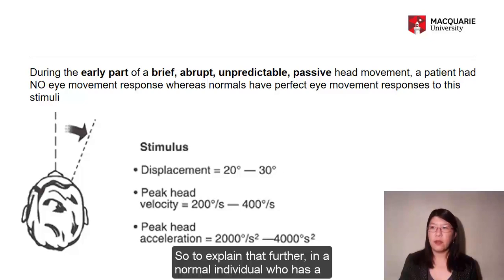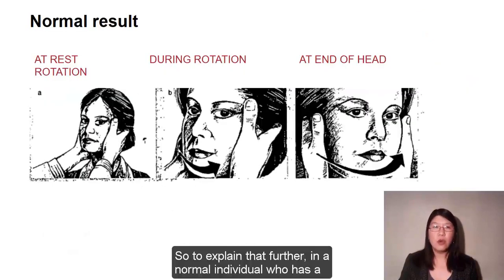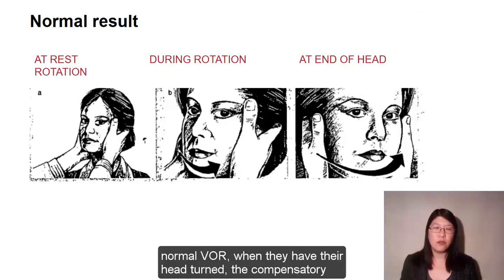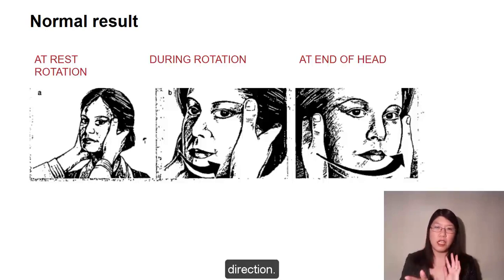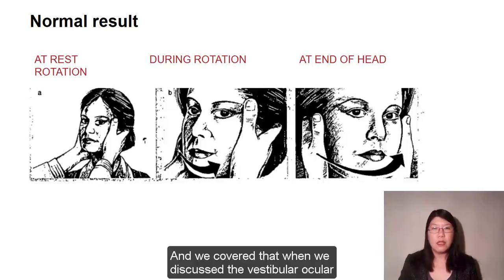To explain that further, in a normal individual who has a normal VOR, when they have their head turned, the compensatory movement would be for their eyes to turn in the opposite direction. And we covered that when we discussed the vestibulo-ocular reflex.